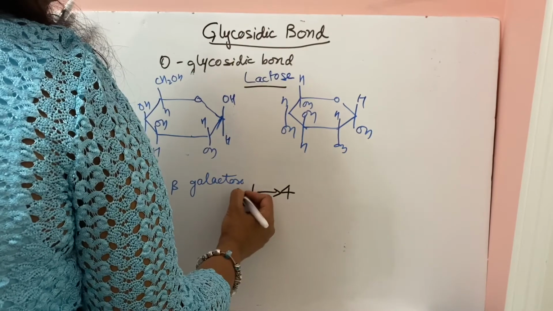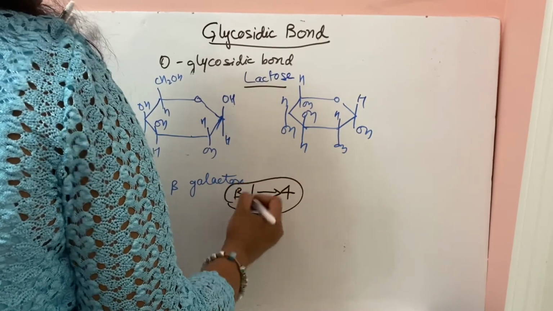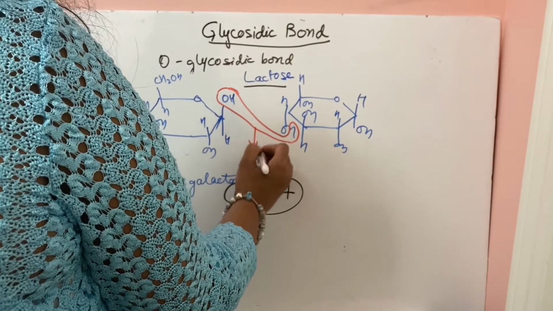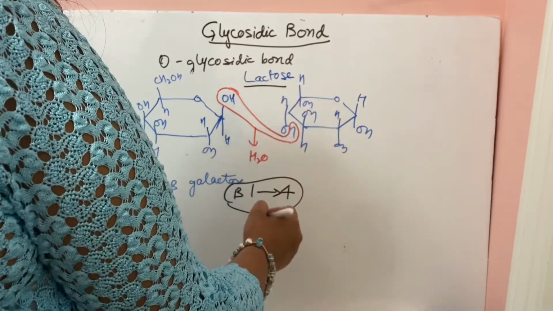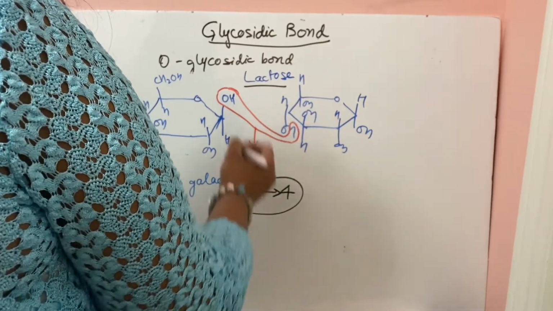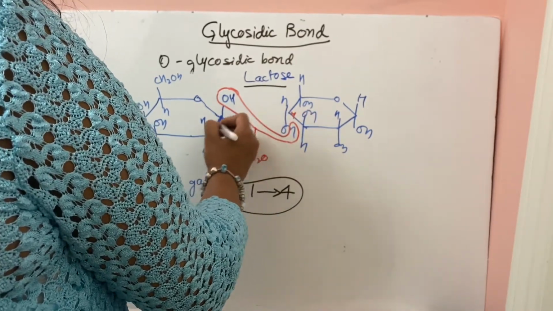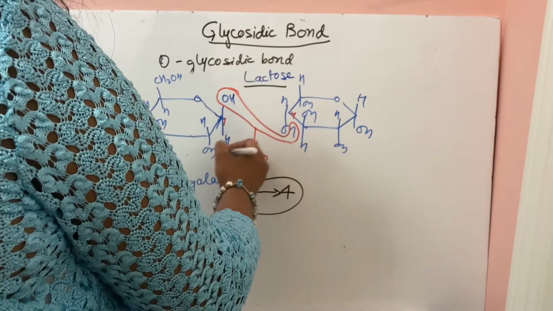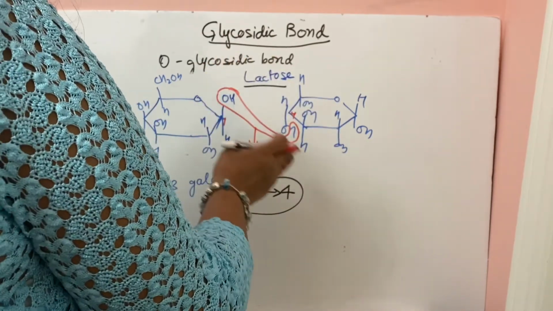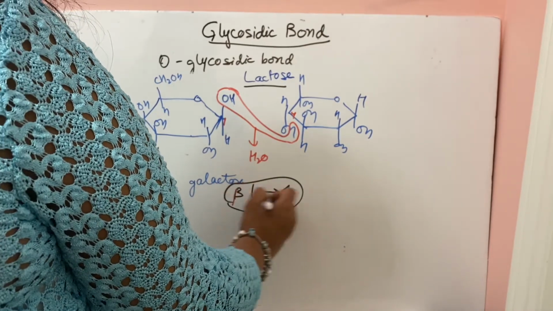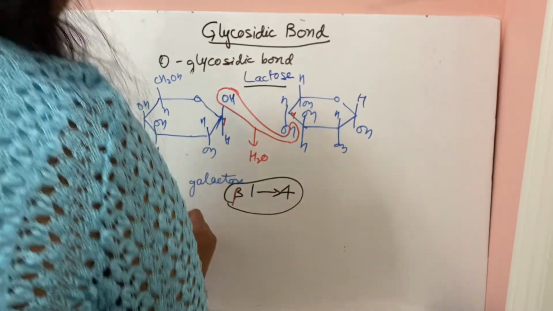In the case of lactose, the glycosidic bond is beta 1,4. The water molecule will be released from here and the bond formed is known as beta 1,4 because the fourth carbon is here and this is the first carbon. So when the bond is formed between 1 and 4 and the hydroxyl groups are on different planes, the bond is known as beta 1,4 glycosidic bond.